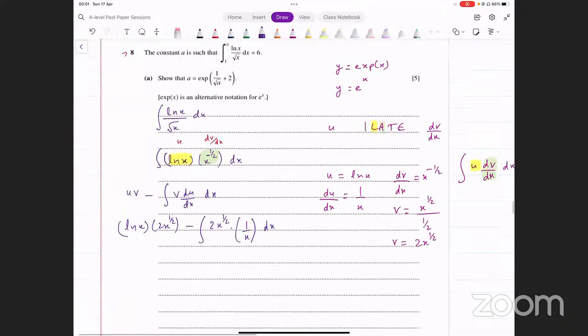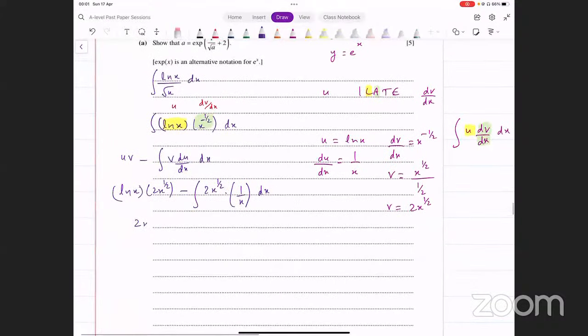This is what we have. Let's simplify this further. We've got 2x raised to power 1 over 2 into ln x, this we have outside. Minus 2x raised to power minus 1 over 2. How do we get that? This power is 1 over 2, below there is 1. 1 over 2 minus 1 is going to give us minus 1 over 2.